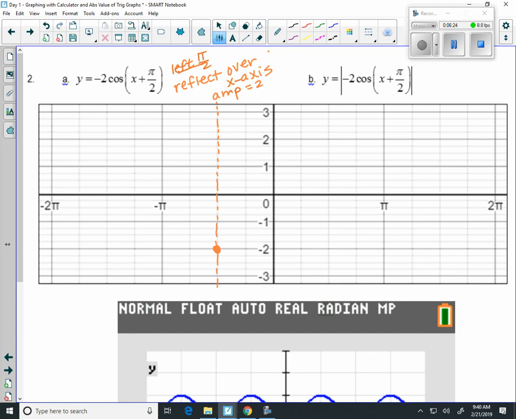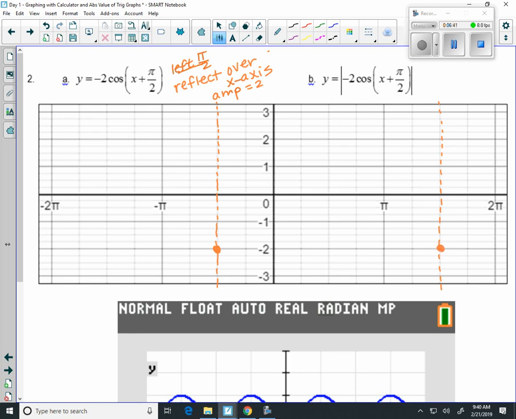So where am I going to put my next dot? Well, I like to do start and end. Where's one period of this function going to end? Yeah, 3 pi over 2. So really, one period of this function is going to go from negative pi over 2 to 3 pi over 2. Again, you can double check this all on your calculator.